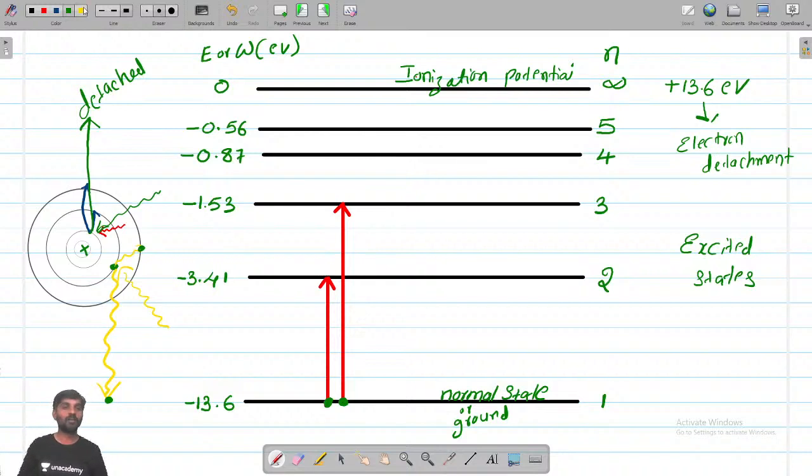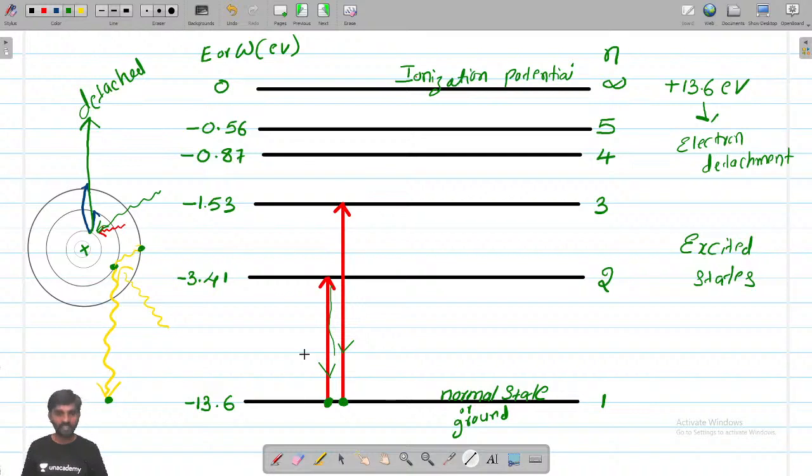After some point, it has to come back to its original level, whether it moved from one state to the second state or one state to the third state.